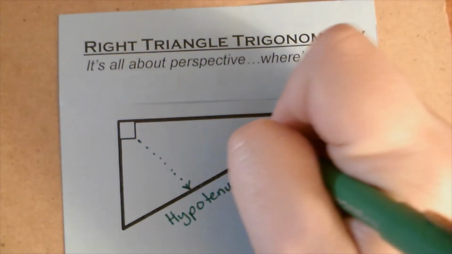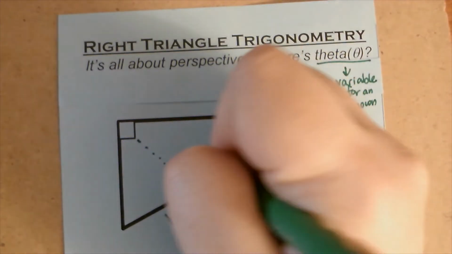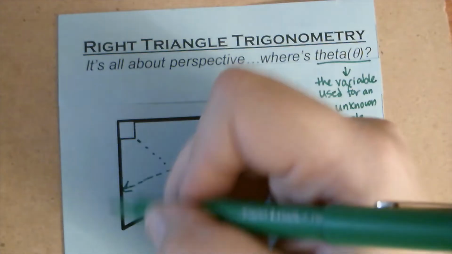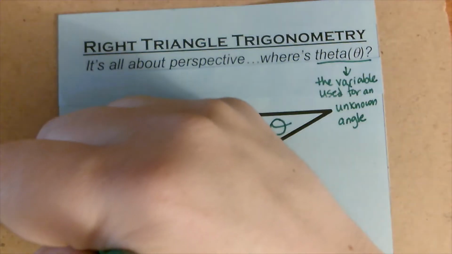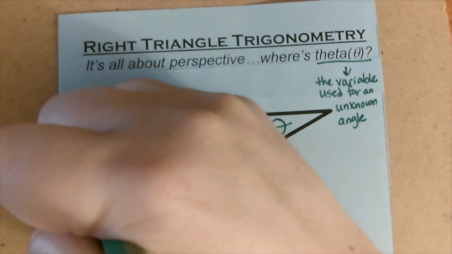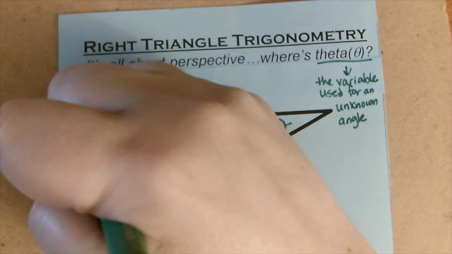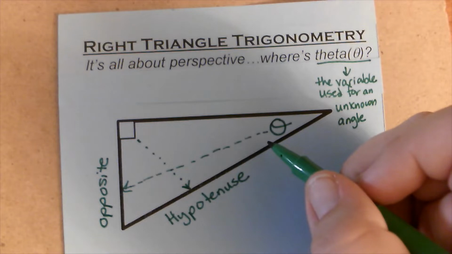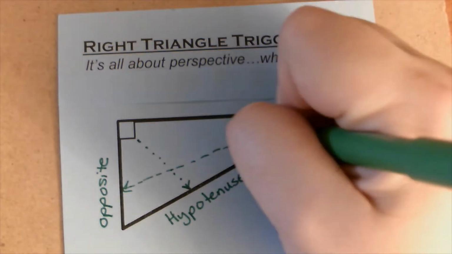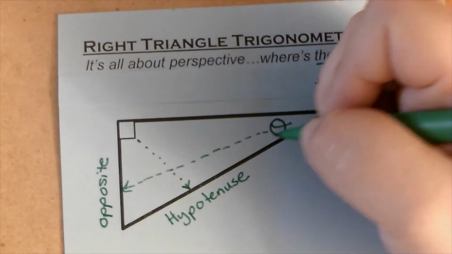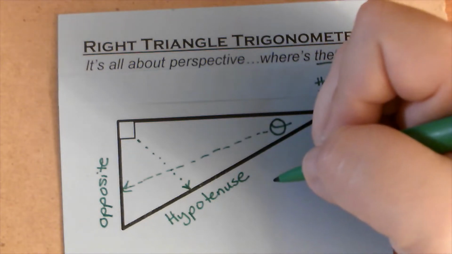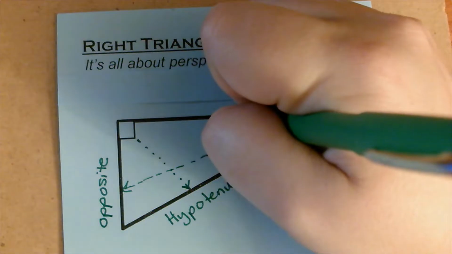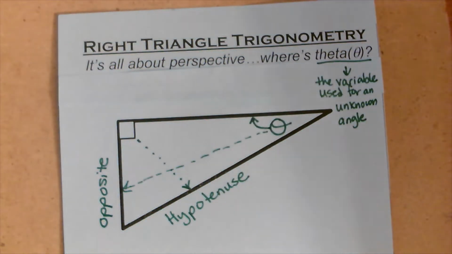If I go opposite the theta, that's this side over here, so we call this the opposite side. Then, next to theta, one side is the hypotenuse, but that already has a label. So the other side next to theta, this side here, we call the adjacent side.